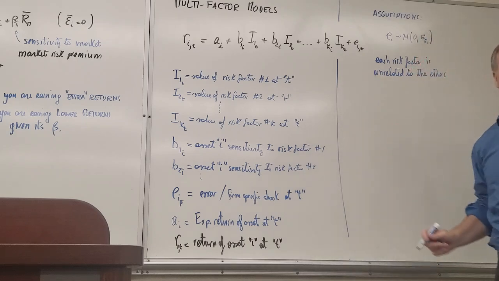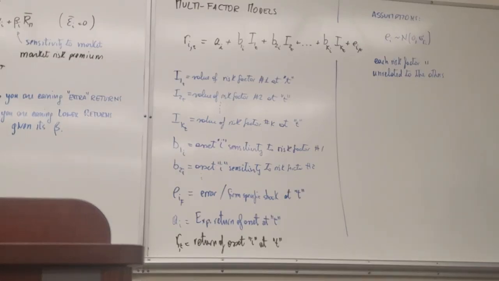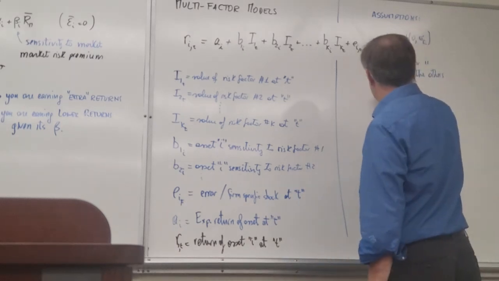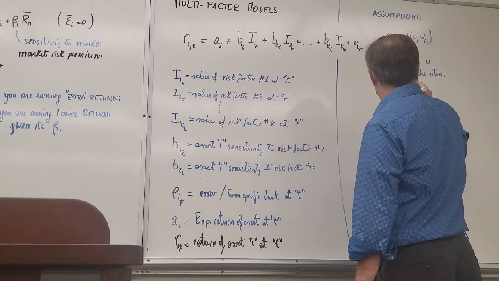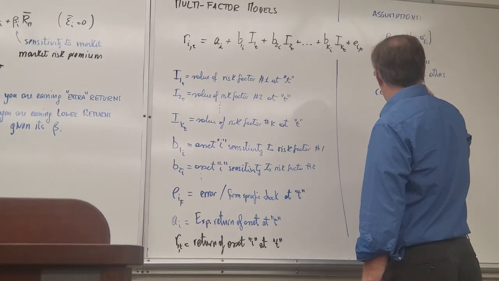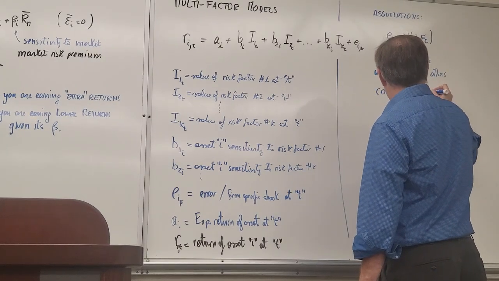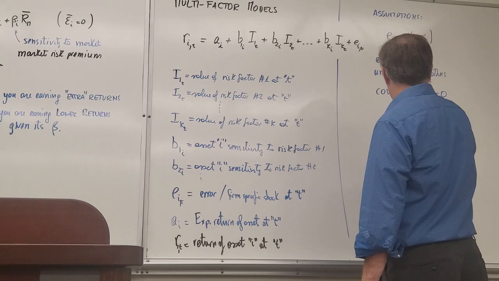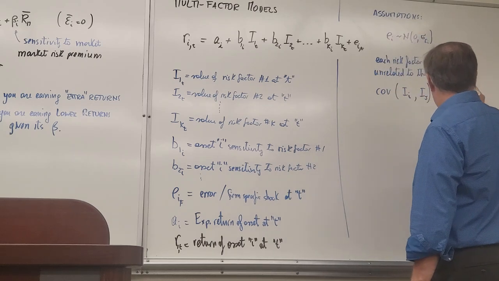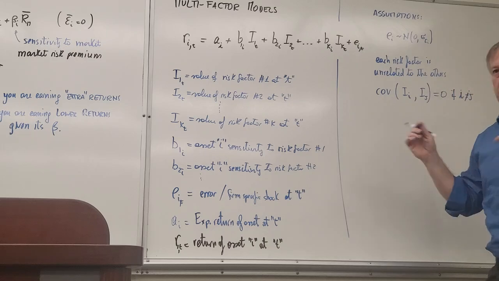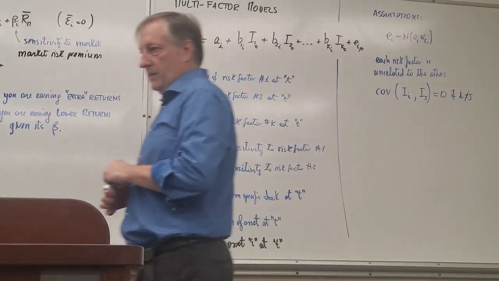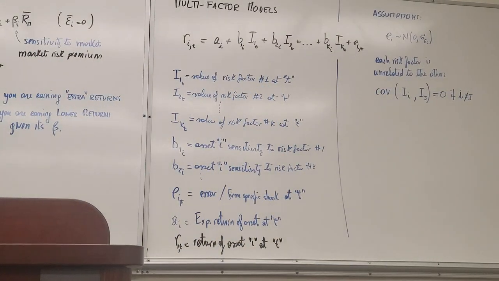So each of them only captures one specific aspect of risk that cannot be captured by any of the other ones. This means that the covariance between risk factor I and risk factor J is 0 if I and J are different, if you're looking at two different risk factors.